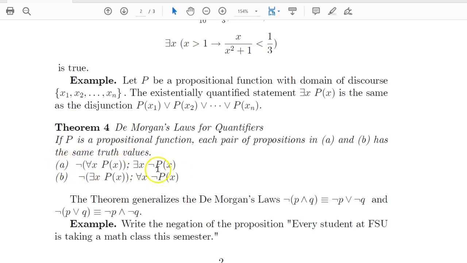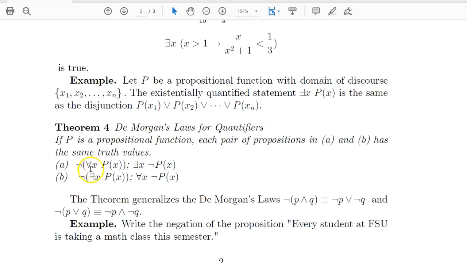Why? The two propositions in A have the same value. Assume that the first proposition is true. The negation is true, so it is not the case that for every x P of x.